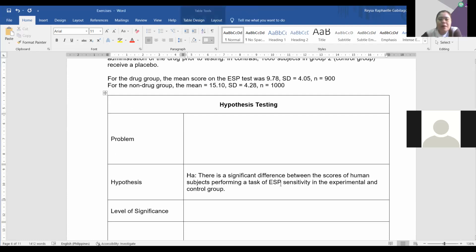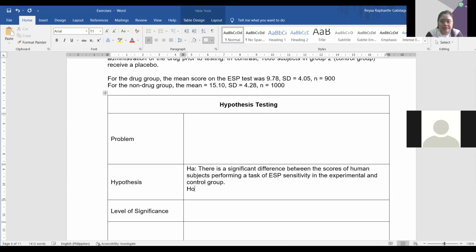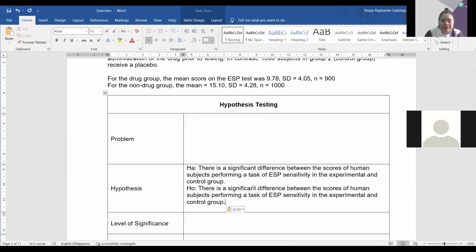Okay, so again, our alternative hypothesis here is there is a significant difference between the scores of human subjects performing a task of ESP sensitivity in the experimental and control group. Pwede din drug group or non-drug group. Therefore, yung ating null hypothesis here, i-copy na ko na siya ha.